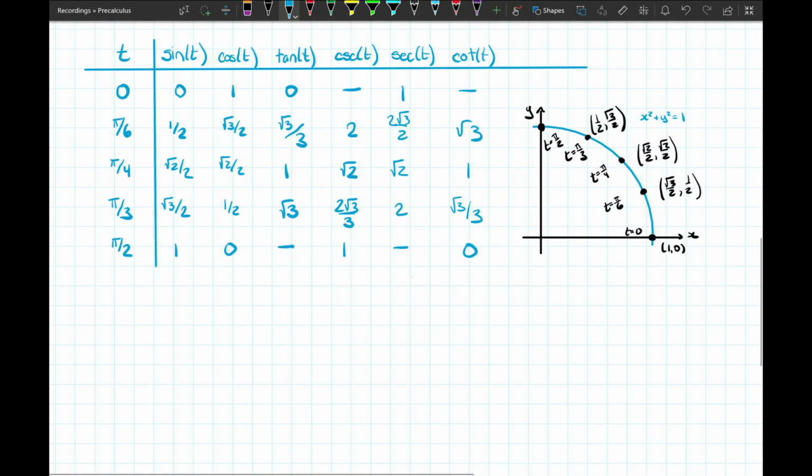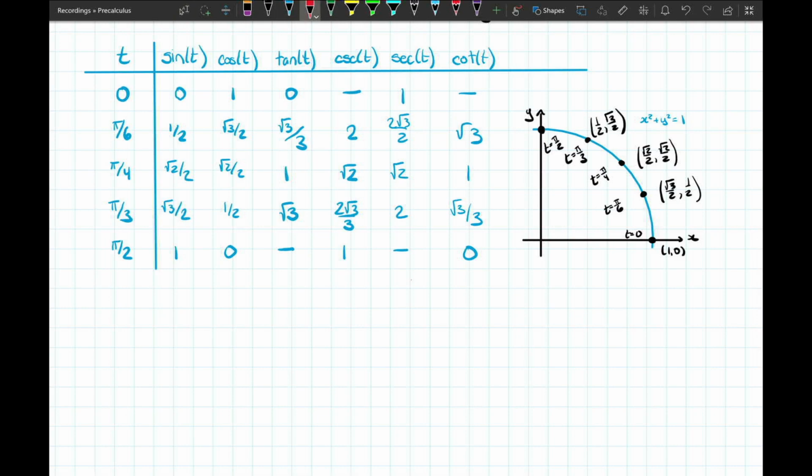So these are very useful identities. They're nice for being able to calculate the remaining 4 values. Tangent t, since tangent t is y over x, tangent of t is equal to sine of t over cosine of t. And it's undefined at pi over 2.